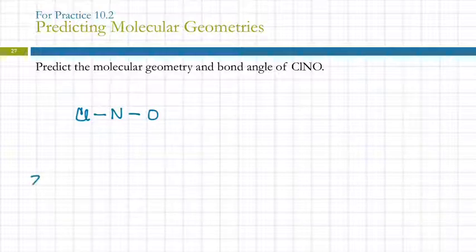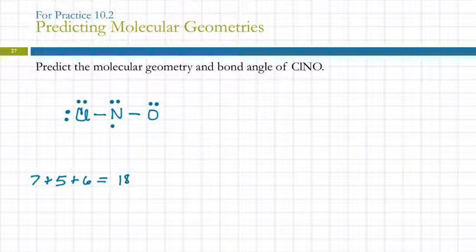There's 7 valence electrons from the chlorine and 5 from the nitrogen, 6 from the oxygen. So that's what, 18? And I've got 2, 4, 6, 8, 10, 12, 14, 16, 18, just sort of randomly.